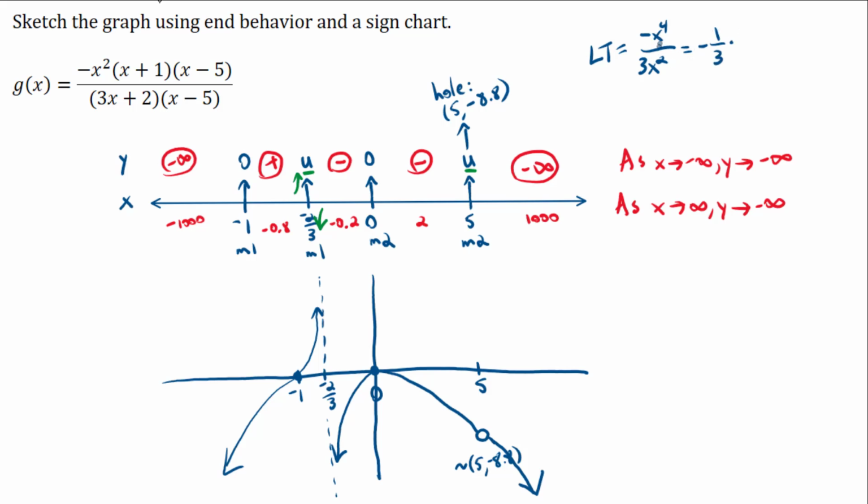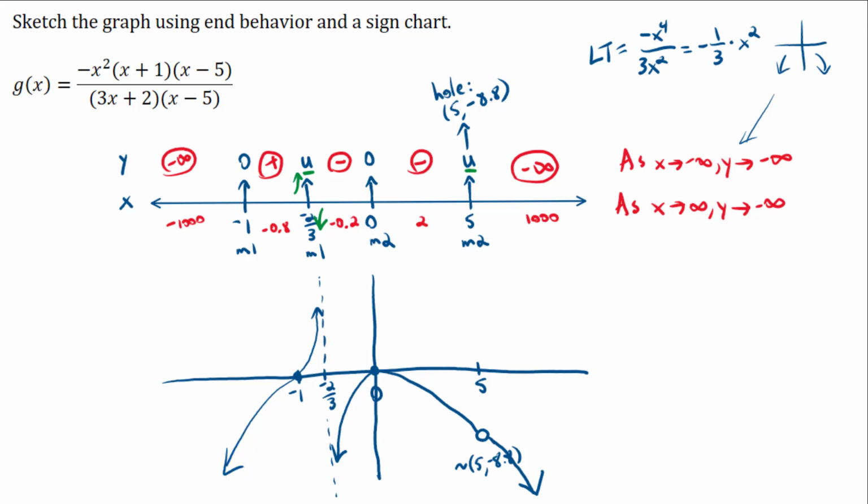And then if you cancel your x's, x to the 4th divided by x squared is x squared. Well, negative 1/3 x squared is an x squared flipped over. So both ends point down like this. And you can see that matches what we have here for our end behavior, and it also matches the end behavior on our graph.